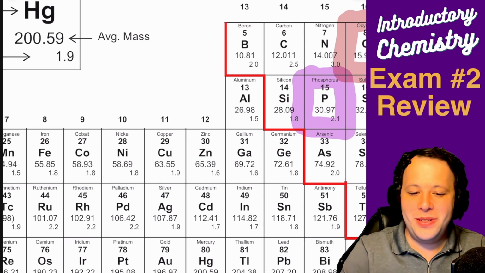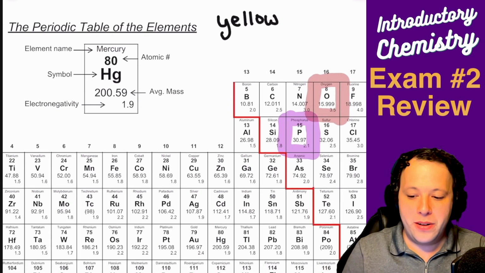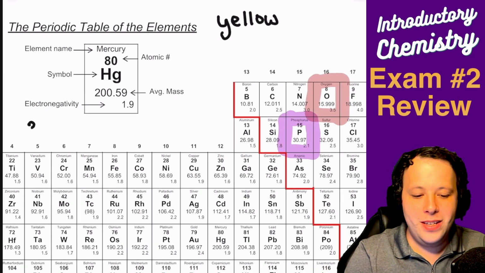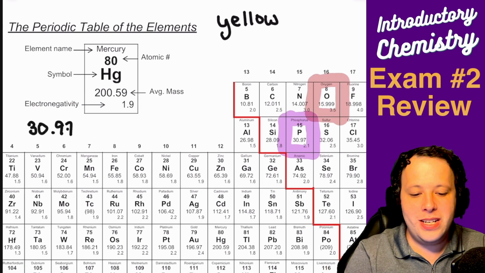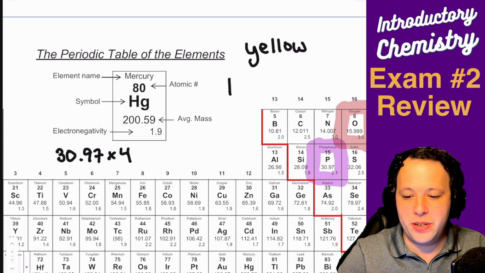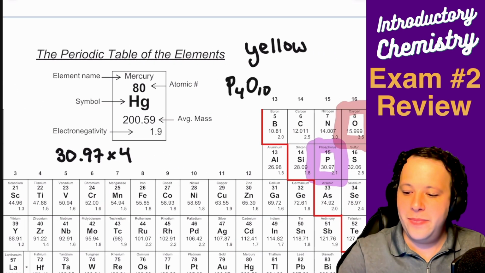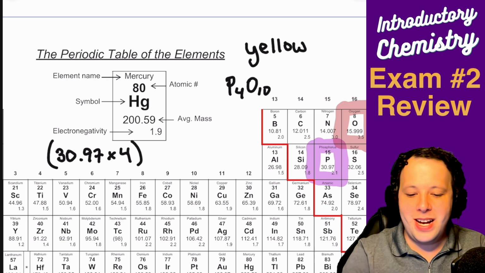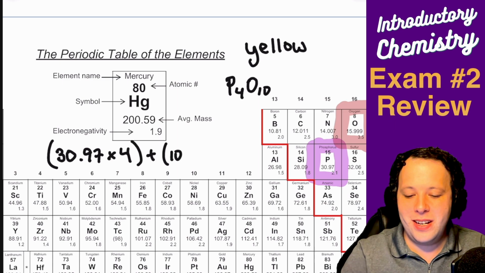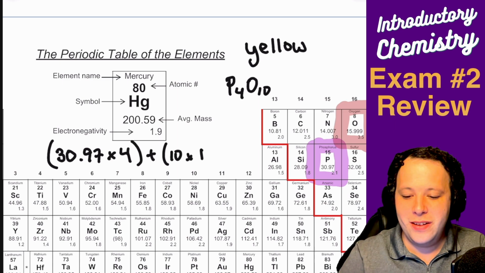All we're going to do is, being that we had P4O10, take 30.97 and times that by 4, being that was your original formula. Then you add it to 10 oxygens times 15.999.